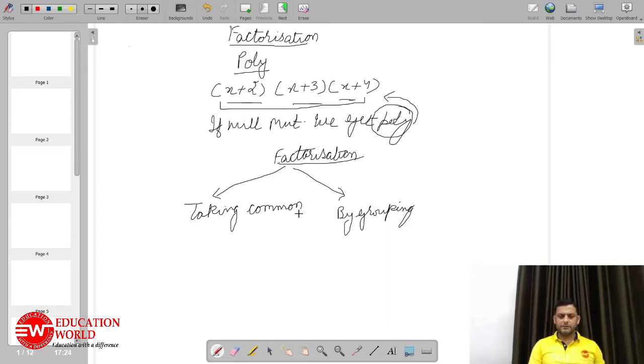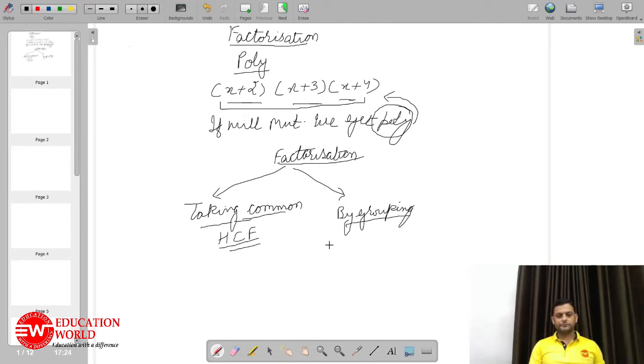Don't feel that you cannot understand this topic. Why? Taking common: in the lower classes you were finding the HCF, the highest common factor, and that you take common. Then grouping, by making appropriate groups. So this is the method.